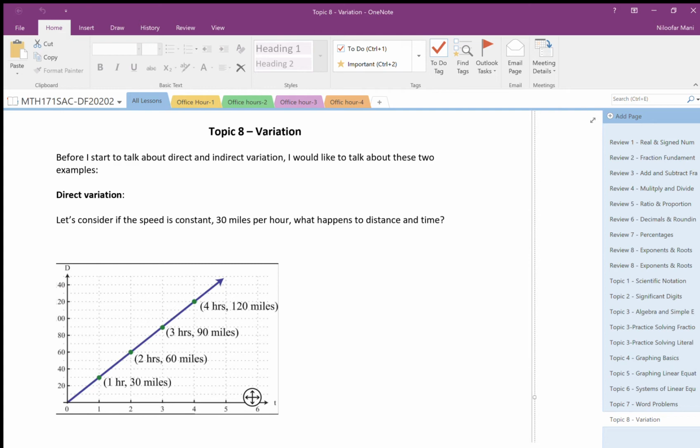If I drive for 1 hour and my speed is 30 miles per hour, you expect that I go just 30 miles. When I continue to drive for more time, then you expect me to go more distance.